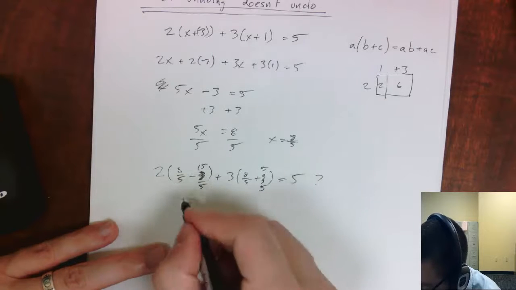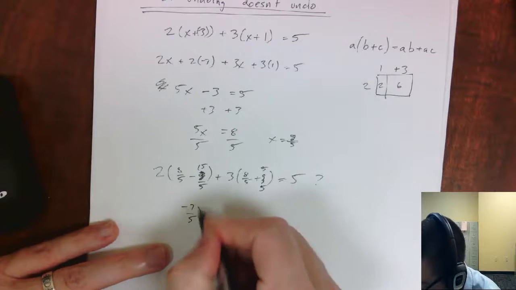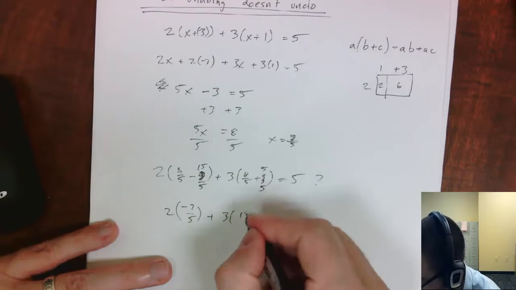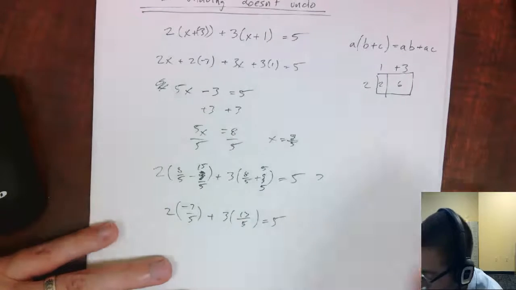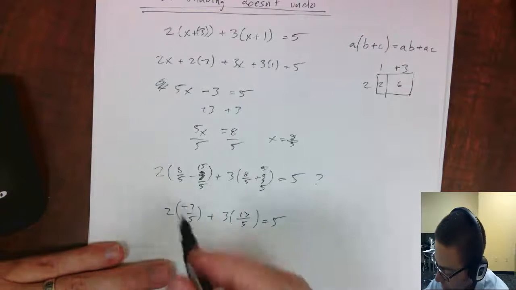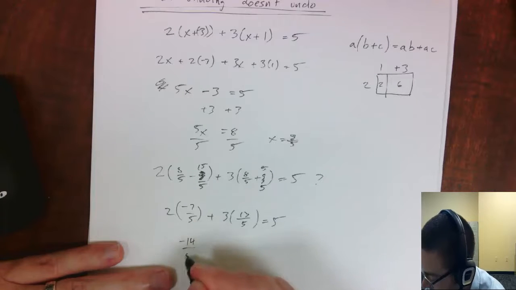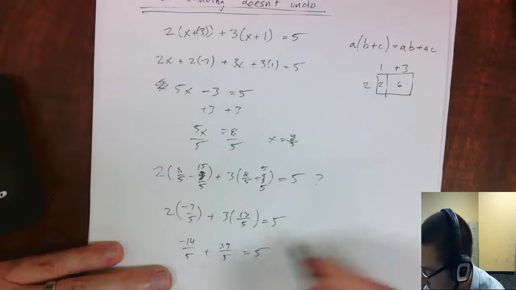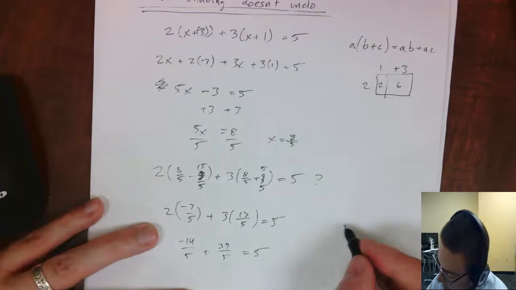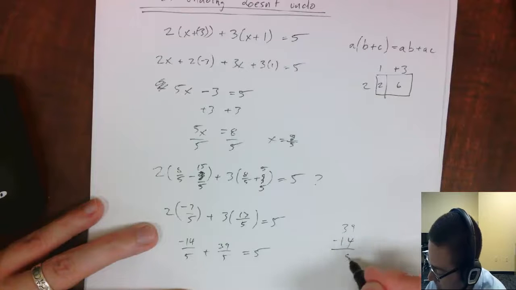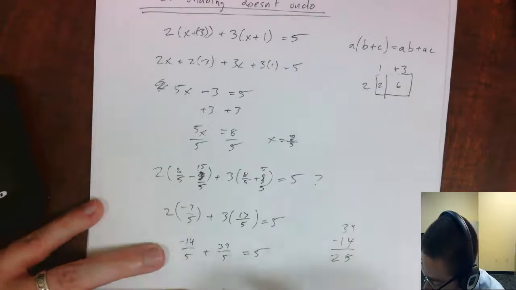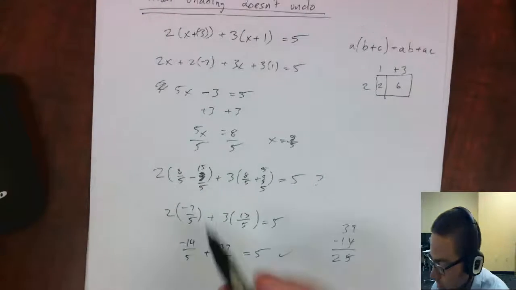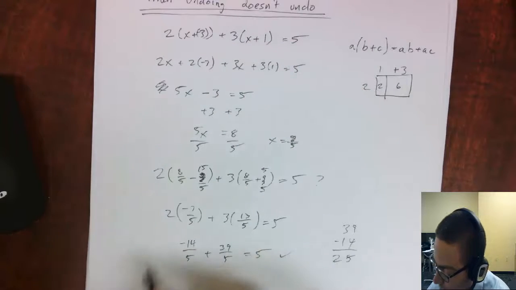So we have 8 minus 15 would be negative 7/5 plus 3 times 8 plus 5, which is 13 fifths. Okay, so 2 times negative 7 is negative 14 fifths, plus 3 times 13 is 39 fifths. And 39 minus 14 is 25. 25 fifths is 5, so that checks out. Alright, so that's using the distributive property and checking my answer.